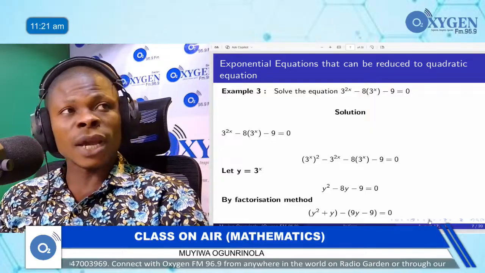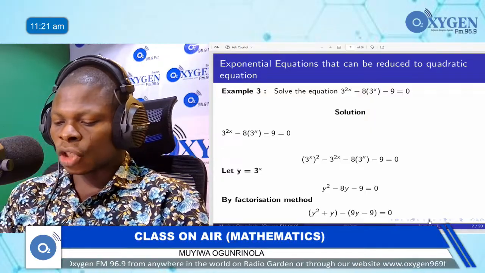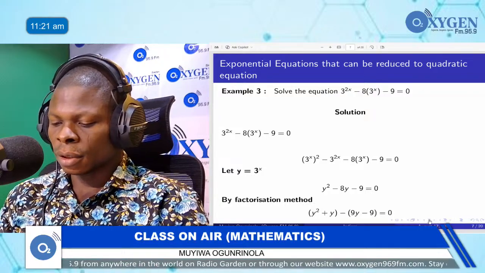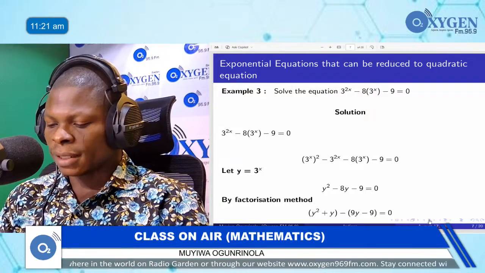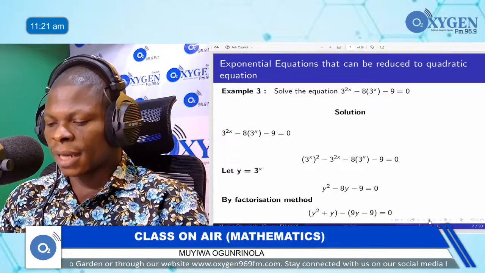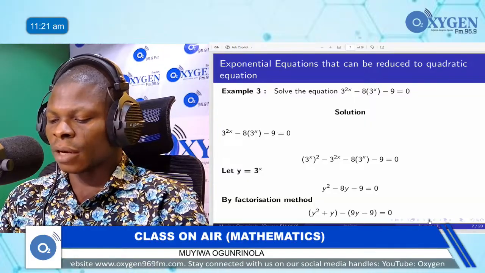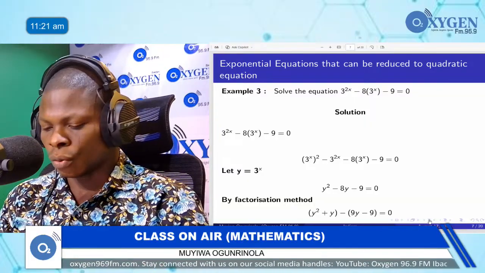For example, example 3. Solve the equation 3 raised to power 2x minus 8 open bracket 3 raised to power x close the bracket minus 9 is equal to 0.